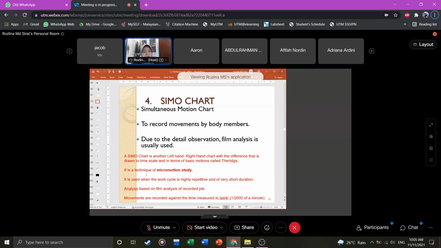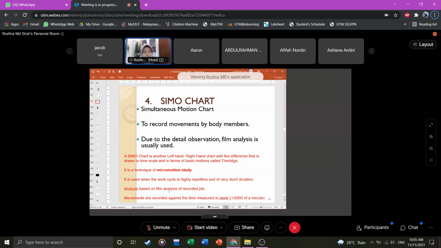It is a technique of micro motion study, very tiny motions. It is used when the work cycle is highly repetitive and of very short duration, and that's why they have symbols that can represent very short times.